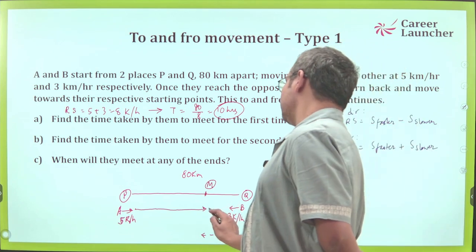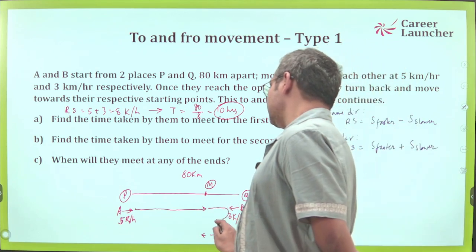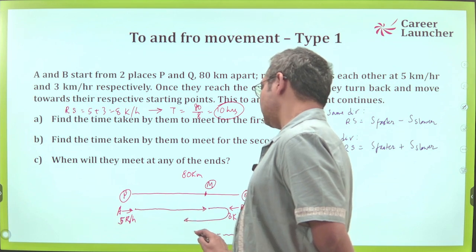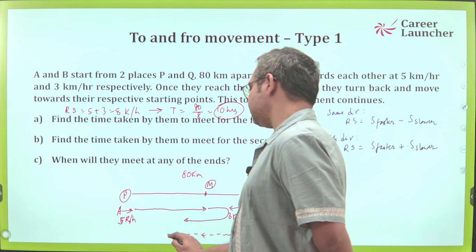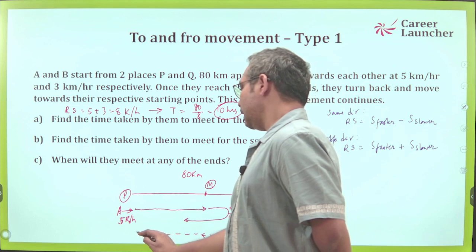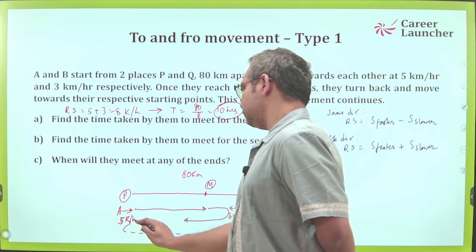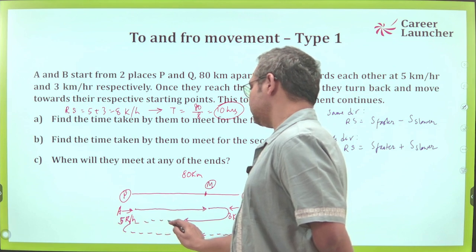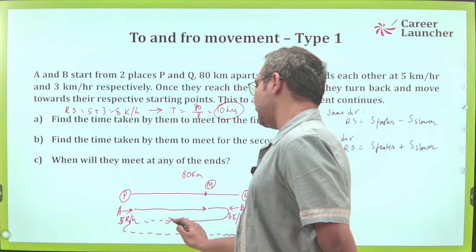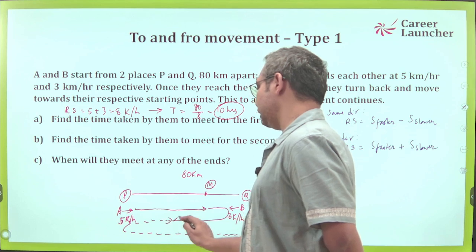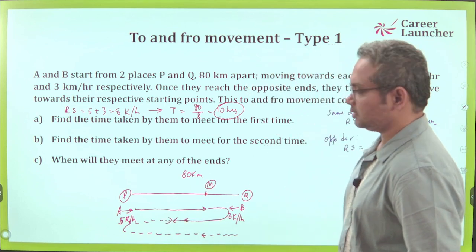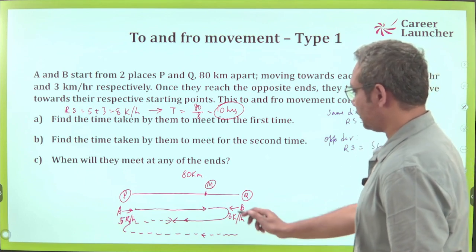A is going to reach the end and turn back. B is still going, and at some point it will also turn back and they will meet again. This could be one scenario. This is a possibility.